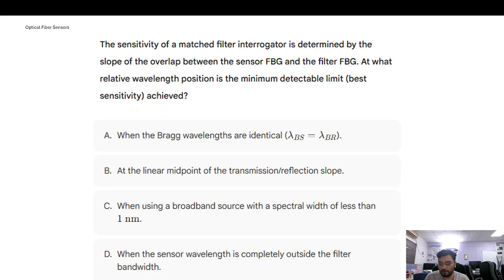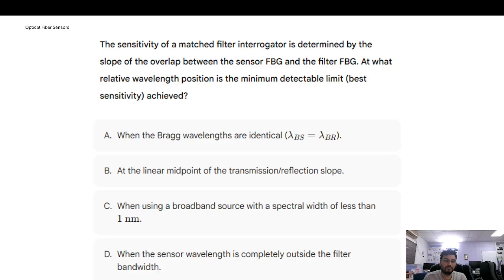The sensitivity of a matched filter interrogator is determined by the slope of the overlap between the sensor FBG and the filter FBG. At what relative wavelength position is the minimum detectable limit best sensitivity achieved?